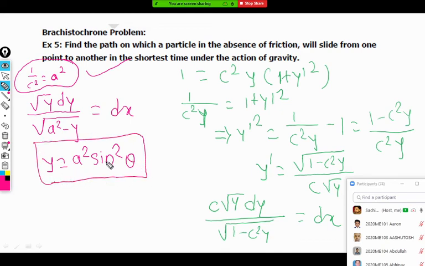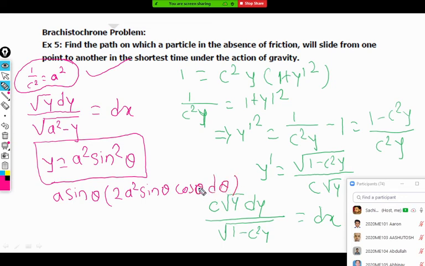So you get y in terms of theta, and you get x also in terms of theta. You'll observe what happens then. The numerator becomes a sine theta, this is the value of root y. Now dy is 2a square sine theta cos theta d theta.